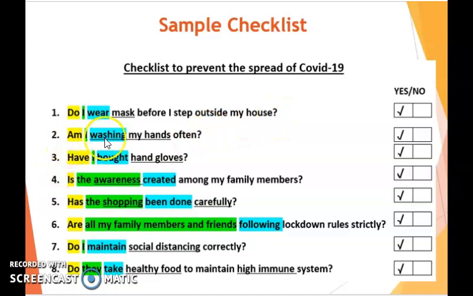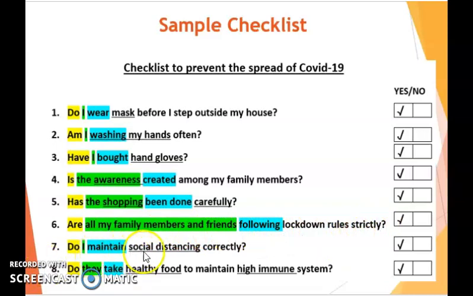And second one, am I washing my hands often? Have I bought hand gloves? Is the awareness created among my family members? Has the shopping been done carefully? Are all my family members and friends following lockdown rules strictly?